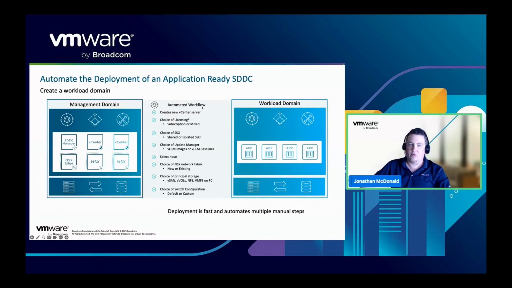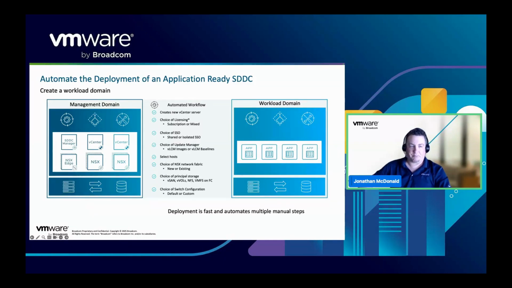This workflow allows us to specify different configurations for everything from vCenter, to the way we SSO that domain, to a choice of images or baselines for your updates, as well as whether you're using the existing network fabric or the type of storage. You specify all of these pieces during that initial deployment workflow, and as a result, it speeds up the deployment time.